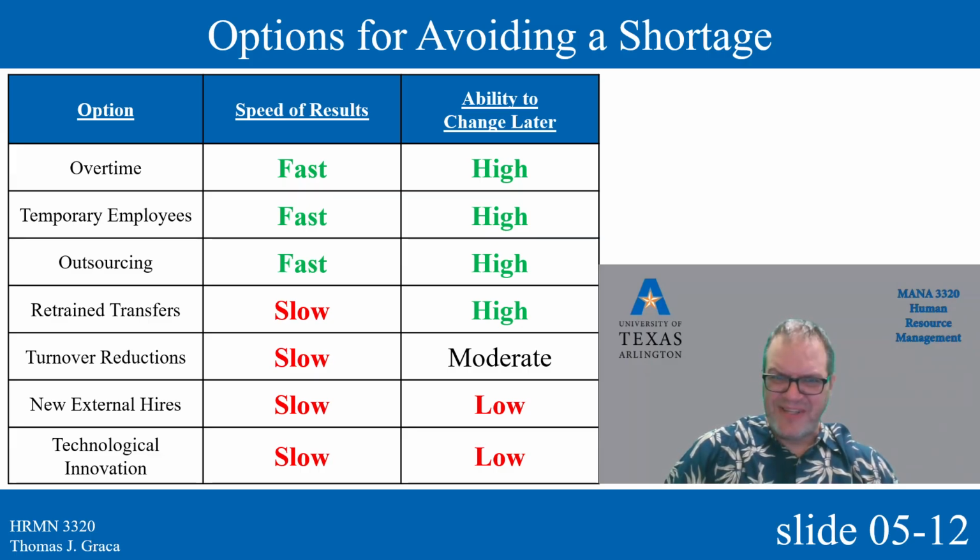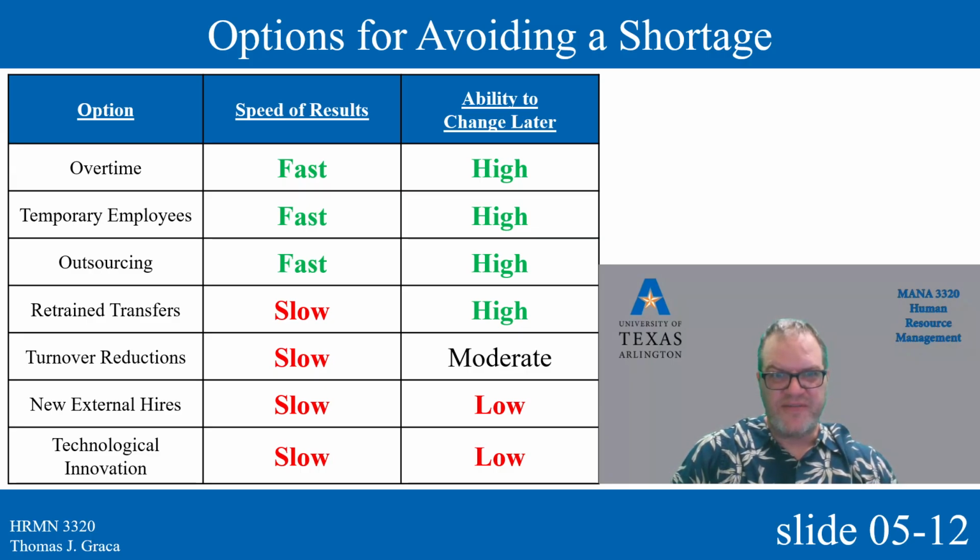The ability to change later, here we say is moderate, just because once you start changing compensation levels and changing the expectations of employees, they tend to expect that down the road. And you can go back to your behaviorism notes from the OB class and see how conditioning would come into play there.